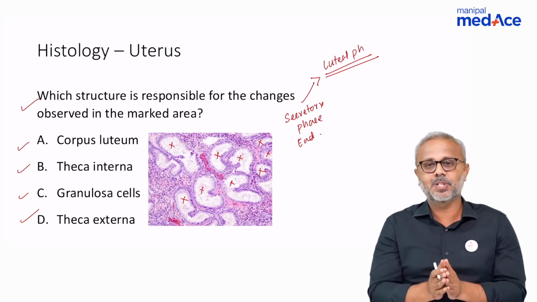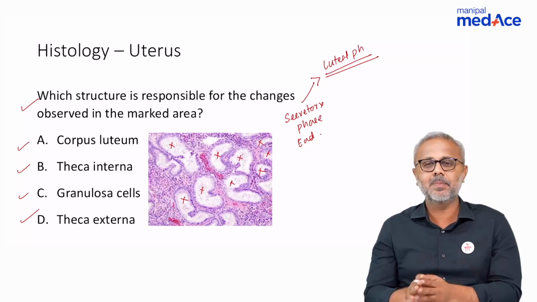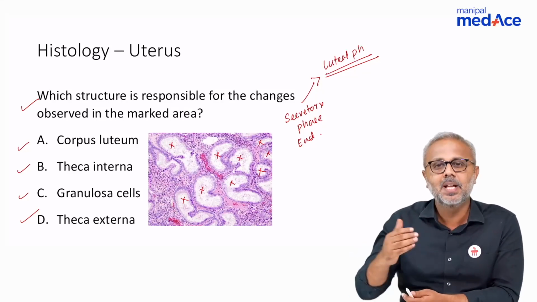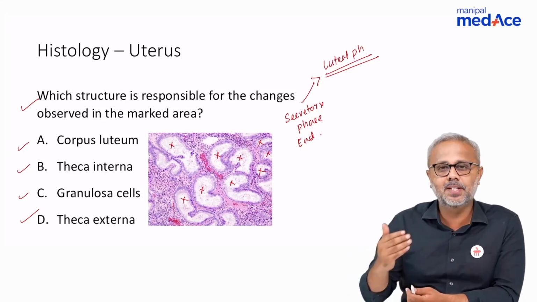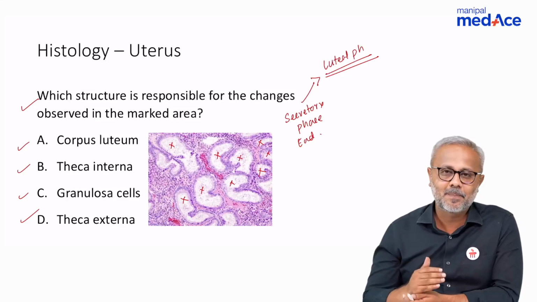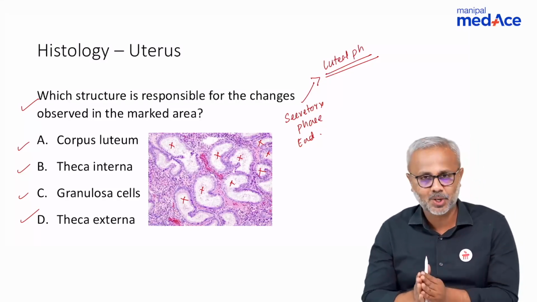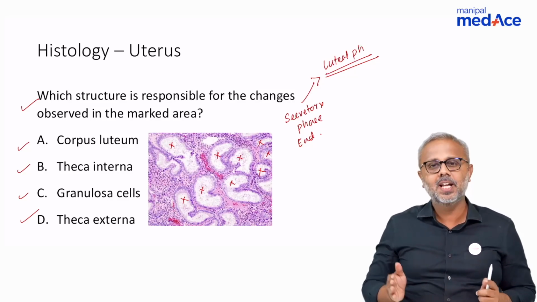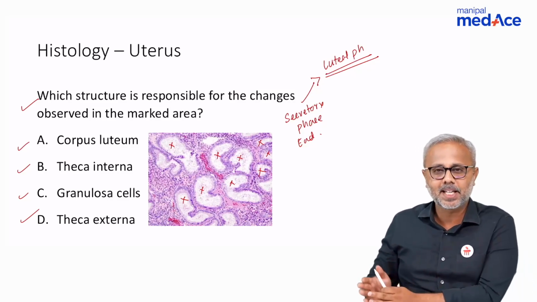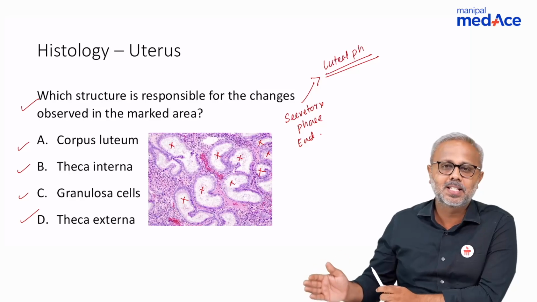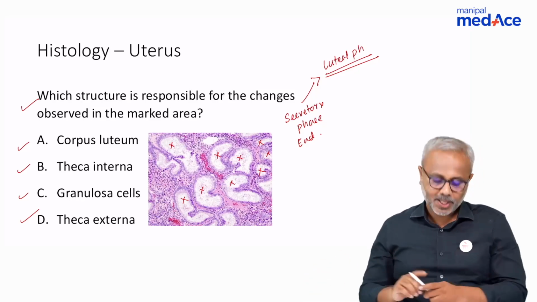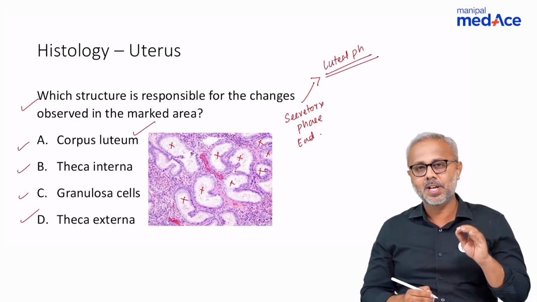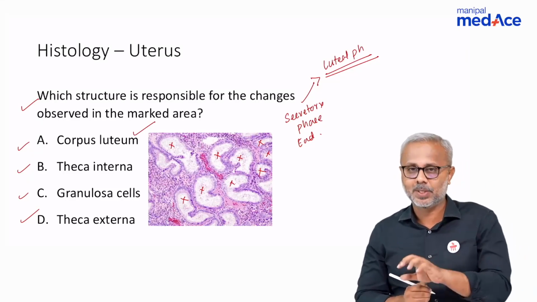This progesterone will prepare the endometrium by bringing about secretory change and increasing its thickness, and prepare the uterus to receive the fertilized oocyte. If fertilization does not occur, the corpus luteum degenerates, there is withdrawal of progesterone, and then occurs withdrawal bleeding characterized by the next menstrual cycle. So the correct option here is corpus luteum, which secretes progesterone and is responsible for maintaining the luteal phase.